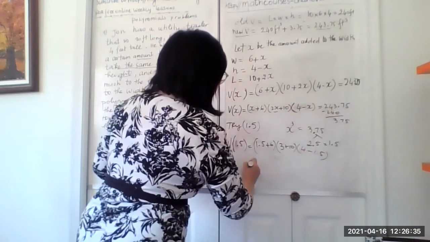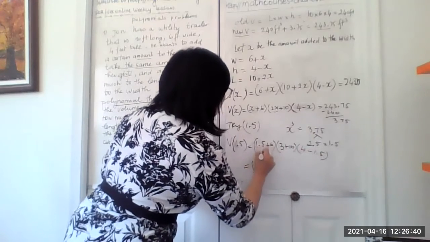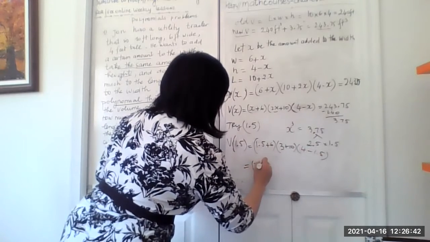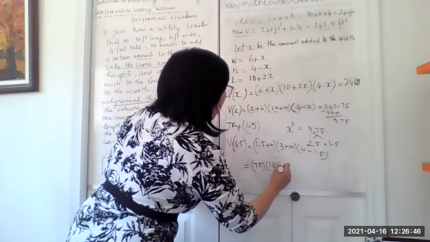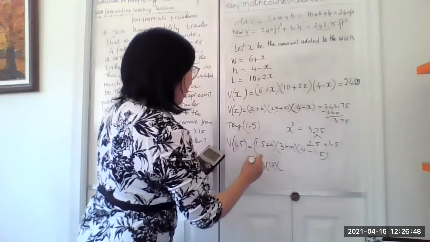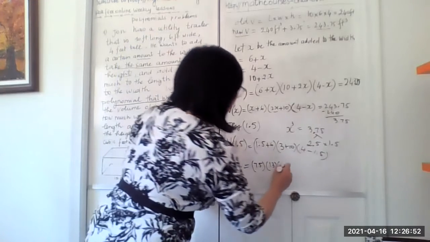So I'm going to calculate to see if I get it done. This will give me 7.5 times 13 times 4 minus 1.5, and 4 minus 1.5 equals 2.5.